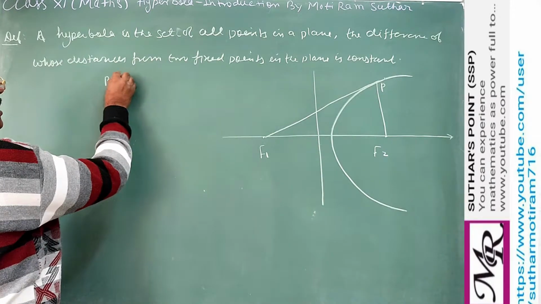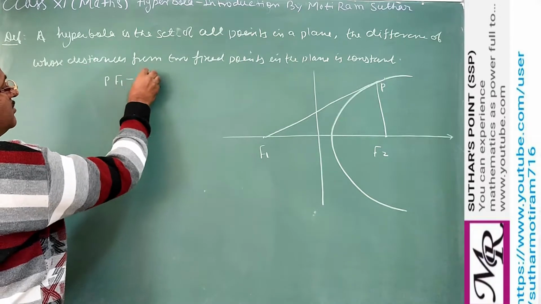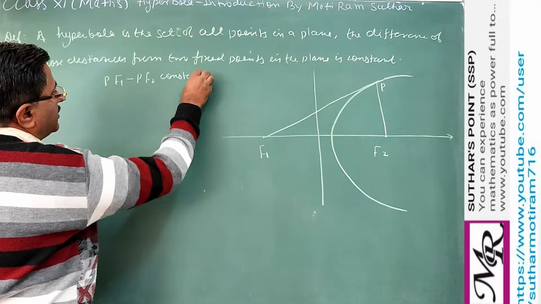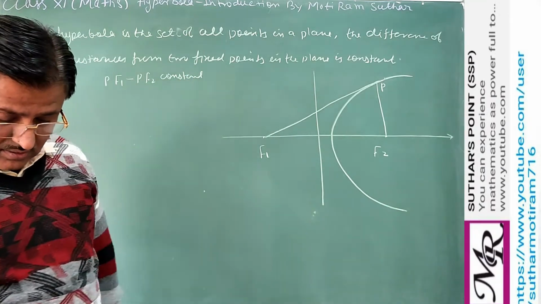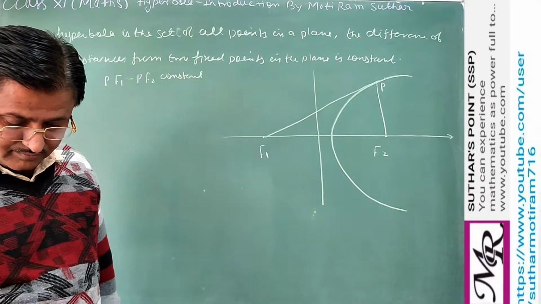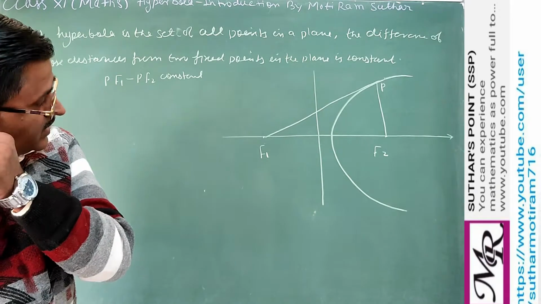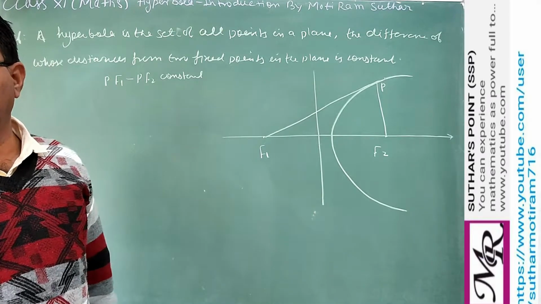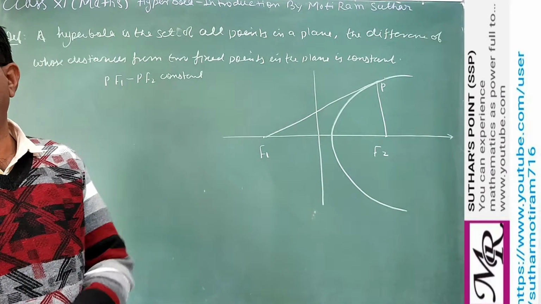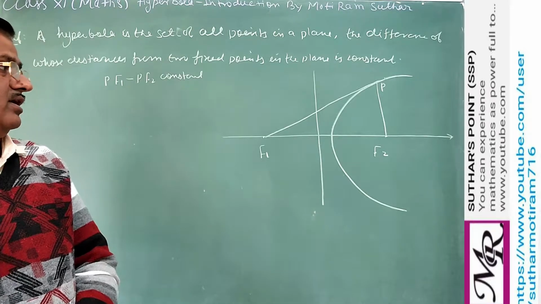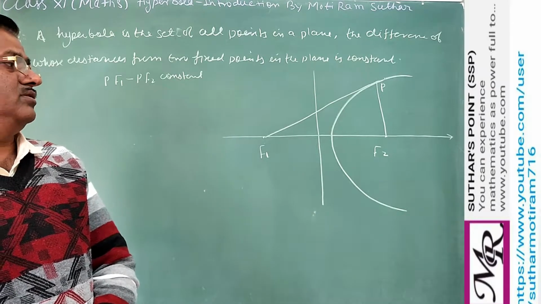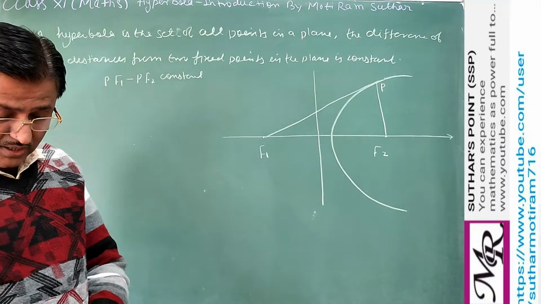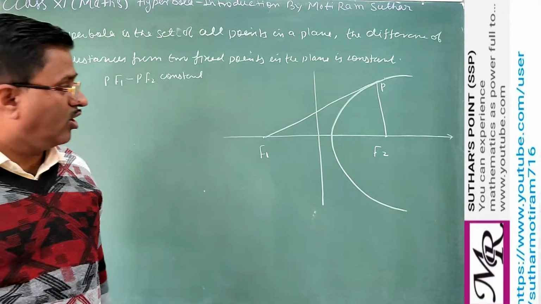So PF1 minus PF2 is constant, or vice versa.